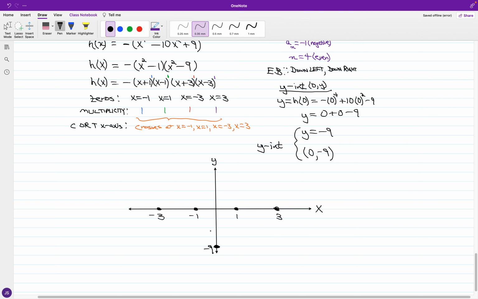Okay, and now for the end behavior, again, you have down to the left and down to the right. So you have down to the left from the leftmost 0, and down to the right, you have downward from the rightmost 0, the rightmost 0 being at x is equal to 3.